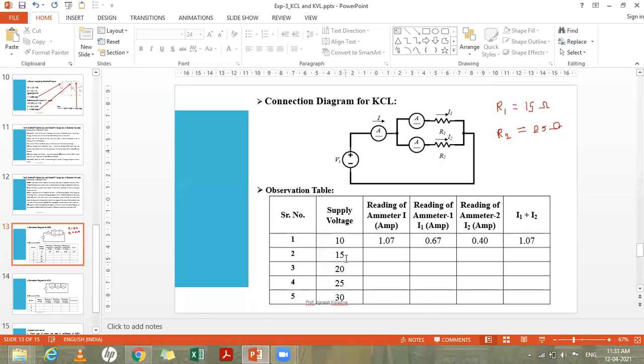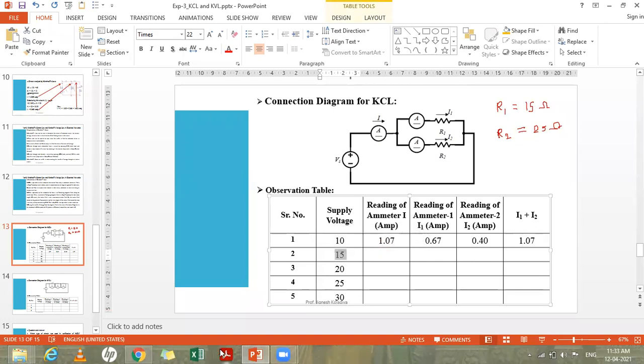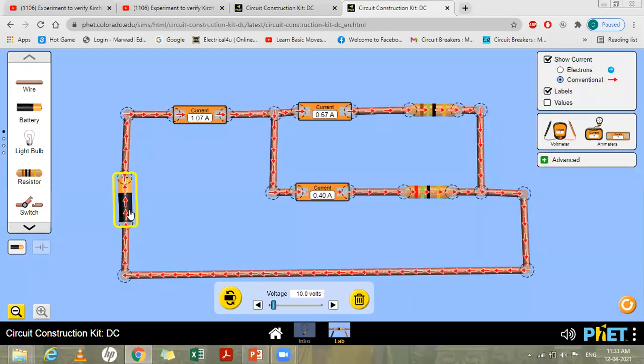For the second case, I have to apply 15 volt. So for the second reading, I am just increasing the value from 10 to 15.